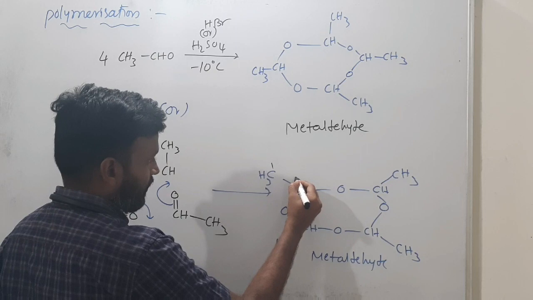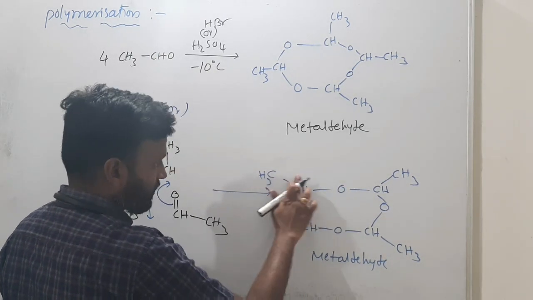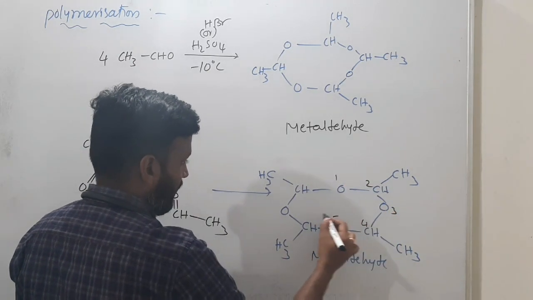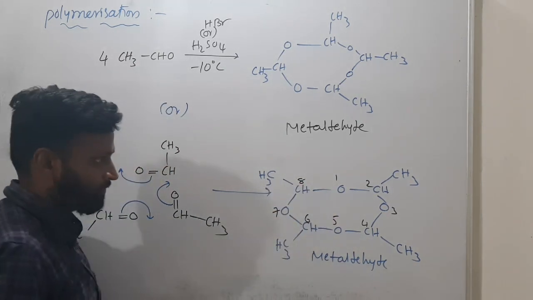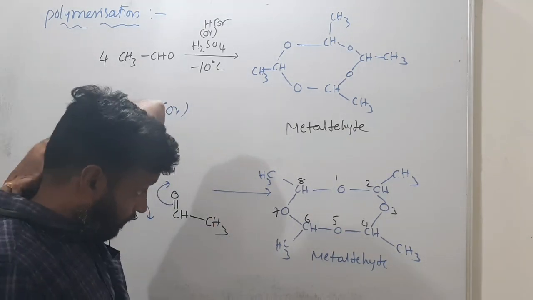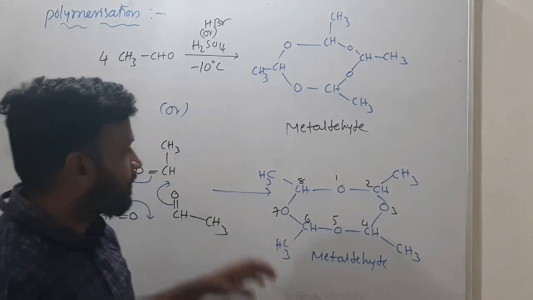Like in the previous one, you can write the IUPAC name also. Anywhere from oxygen you can start: 1, 2 and 3, 4, 5 and 6, 7 and 8 like that. What positions have you taken? For oxygens you are giving numbers. Do you understand here? That is very important.